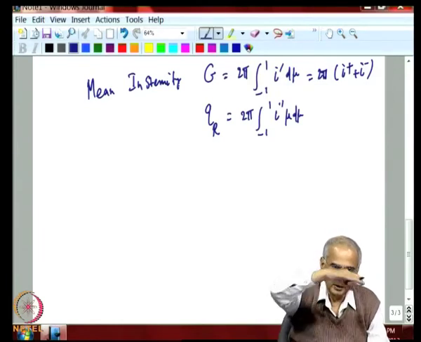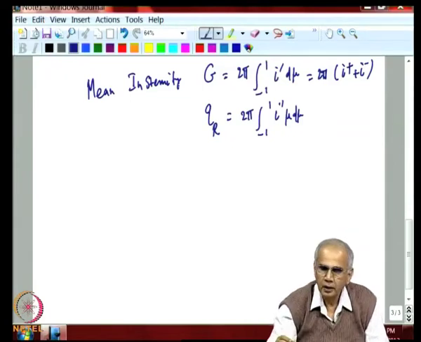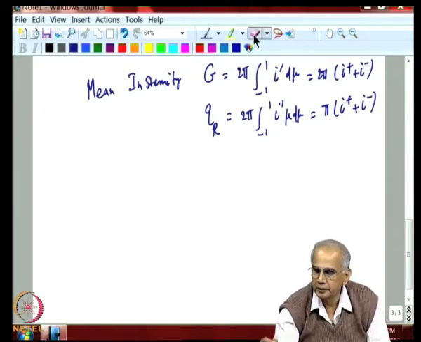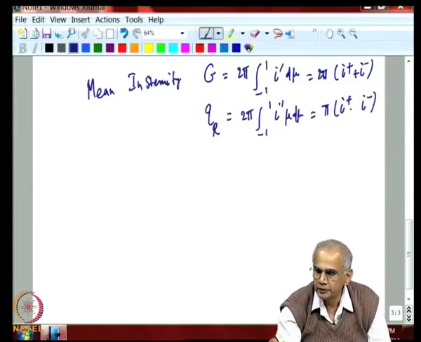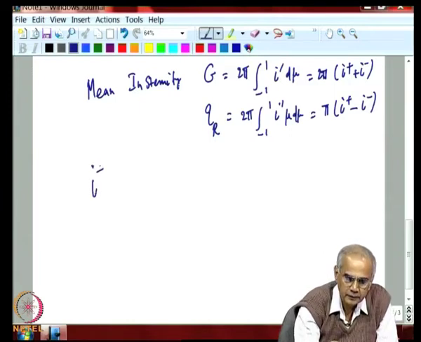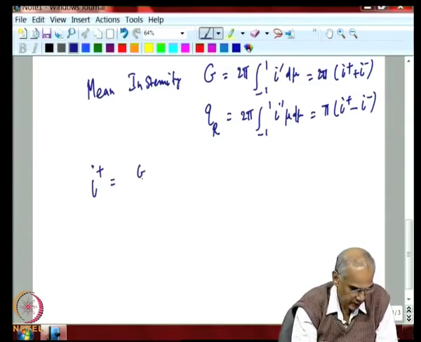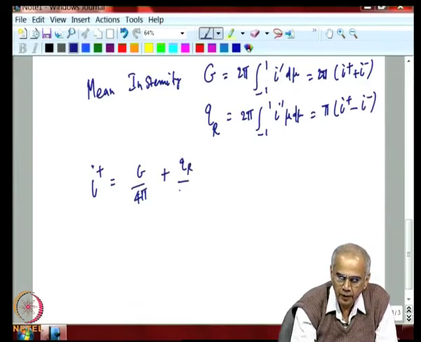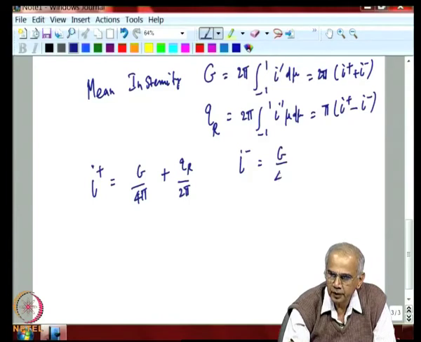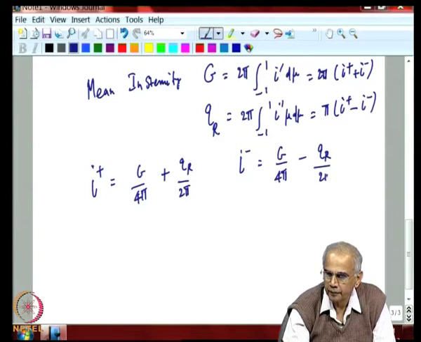Now, this also integrates separately in the upper hemisphere and the lower hemisphere, and this will give you pi into I plus minus I minus. Sign plays a role here very much. So, given these two, you can rewrite I plus as G by 4 pi plus Q r by 2 pi and I minus as G by 4 pi minus Q r by 2 pi.